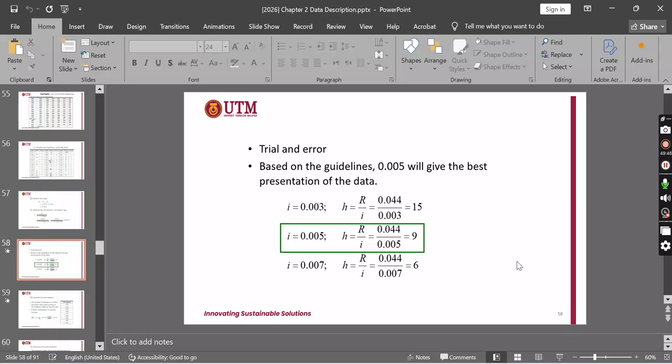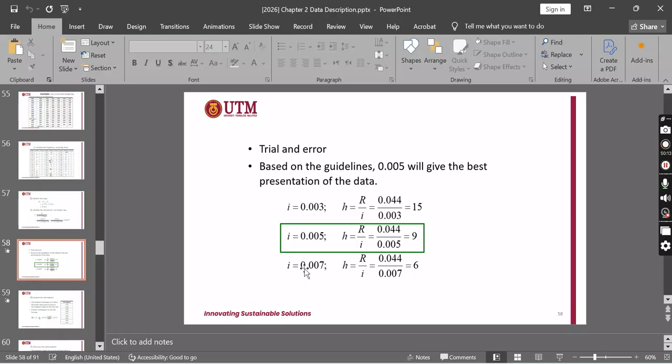Now you have to find h, which is the error. It's equal to R divided by I. R is equal to 0.044 and I is equal to 0.003 that we put by ourselves.